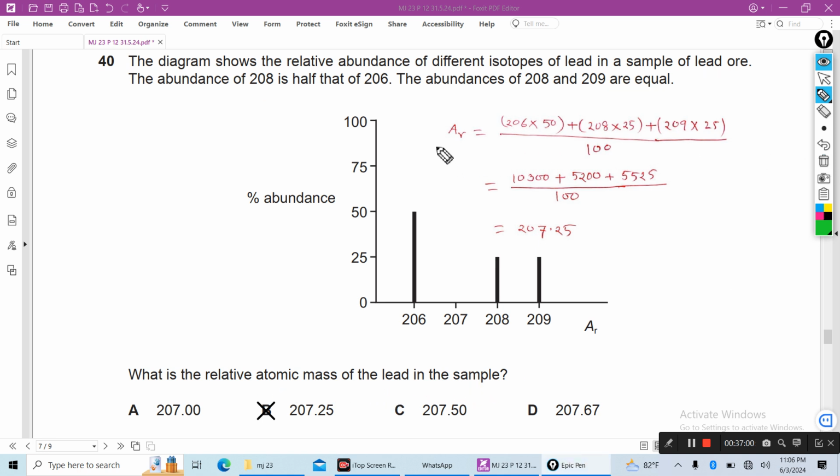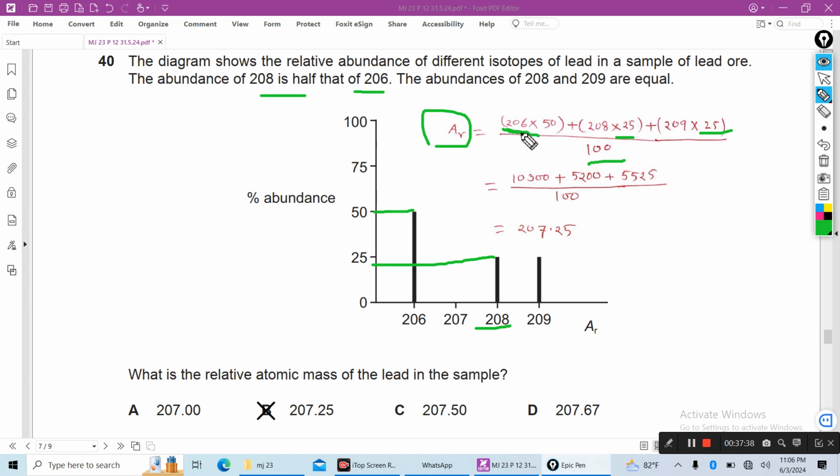So you know Ar equals 206 times 50. Why? Because the abundance of 208 is half that of 206. So this abundance 50 times 206, then 208 times abundance 25, 209 times 25, divided by 100.